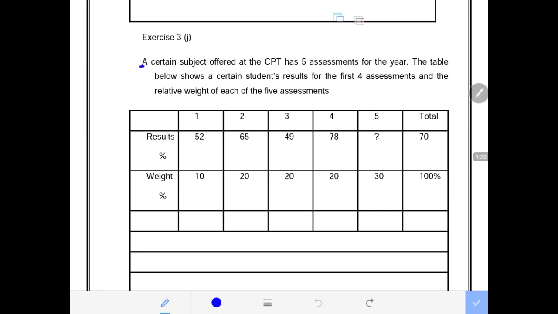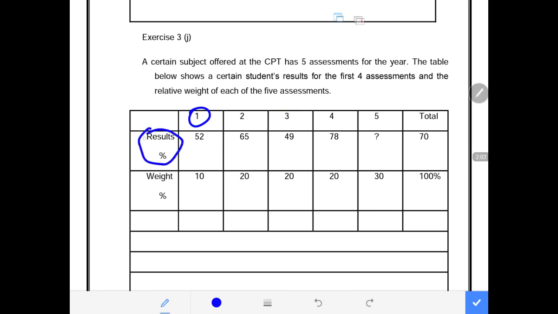Now it says a certain subject offered at the CPT has 5 assessments for the year. The table below shows certain student results for the first assessments and the relative weight of each of the 5 assessments. We are given assessment number 1, 2, 3, 4, 5, and the total.